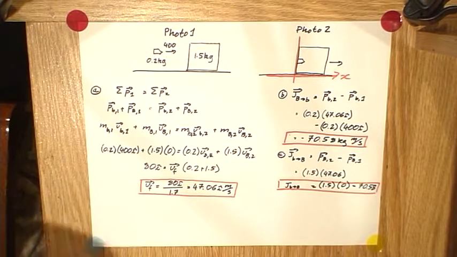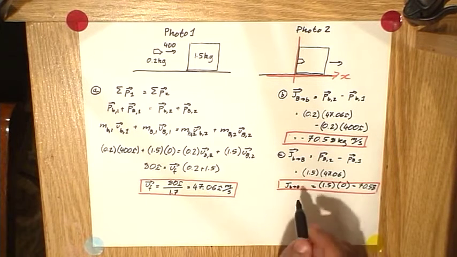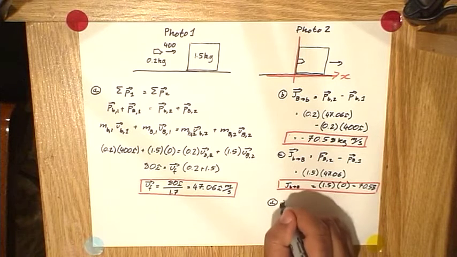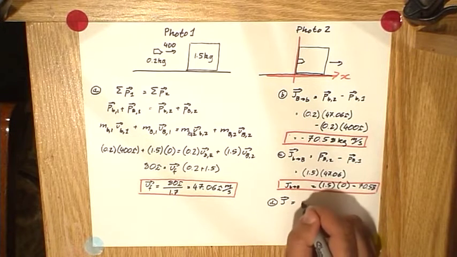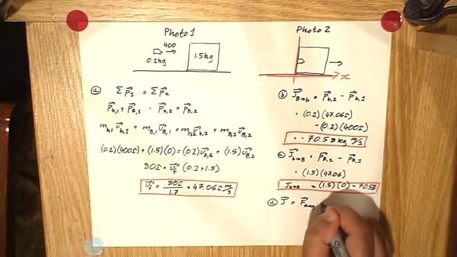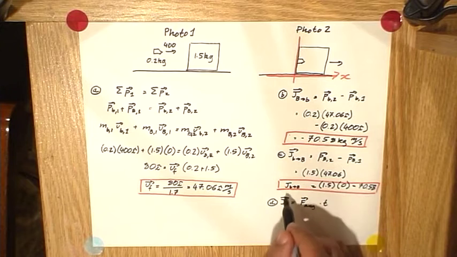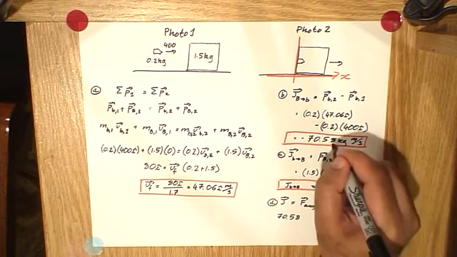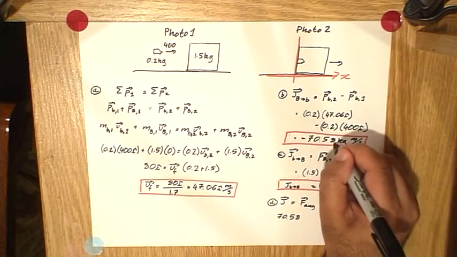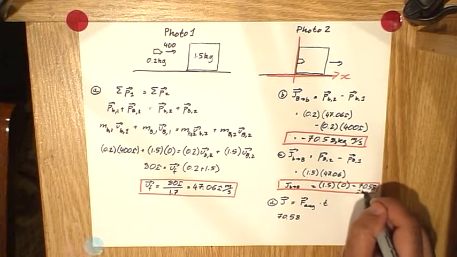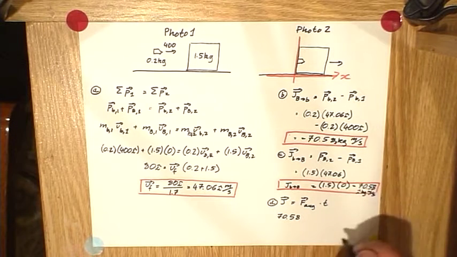The last step was to find out what was the average force of the bullet. Now, impulse is equal to average force multiplied by time. The impulse of the bullet on the block was 70.58, and correctly, this should be i hat kilogram meters per second.